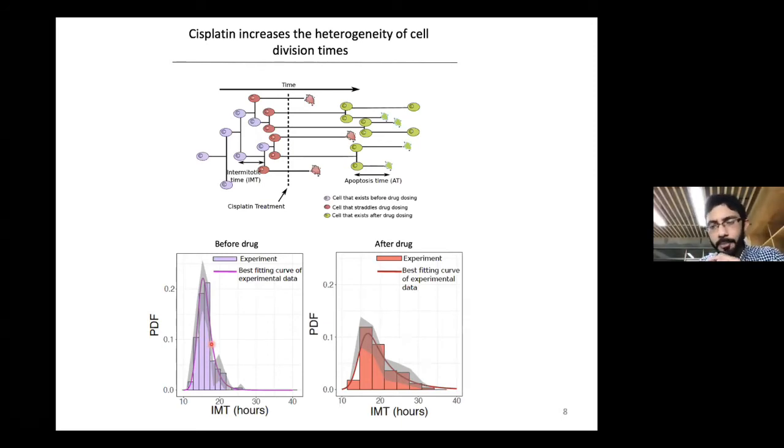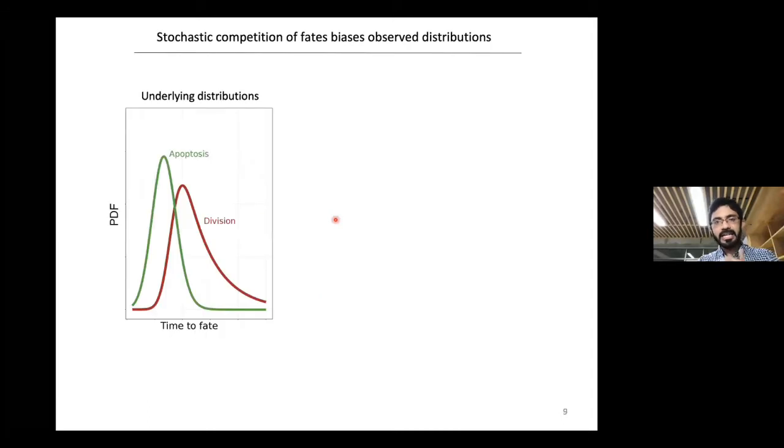But there's one problem, which is an interesting theoretical problem in trying to understand what exactly the cell cycle times are when you have these competing risks. Let me try and explain what that problem is.